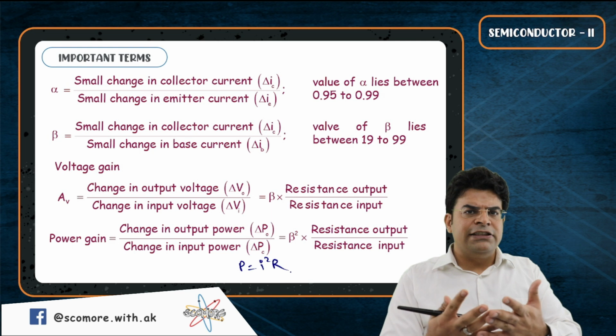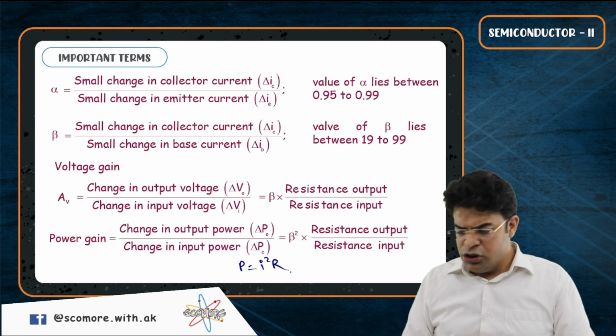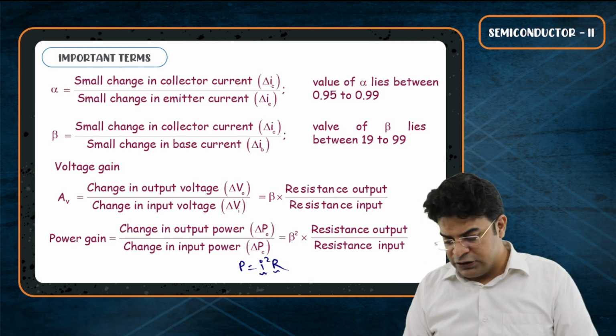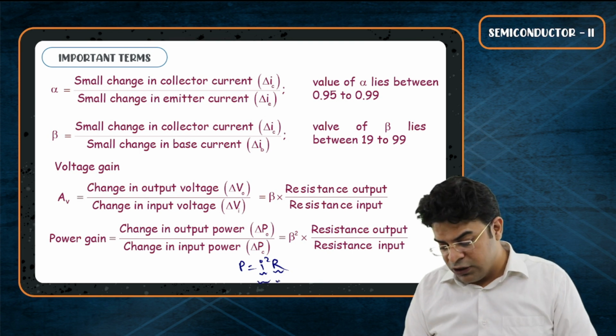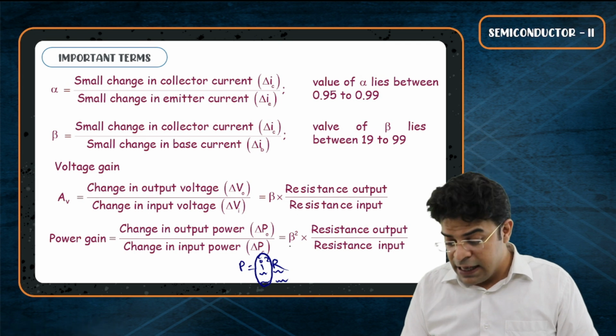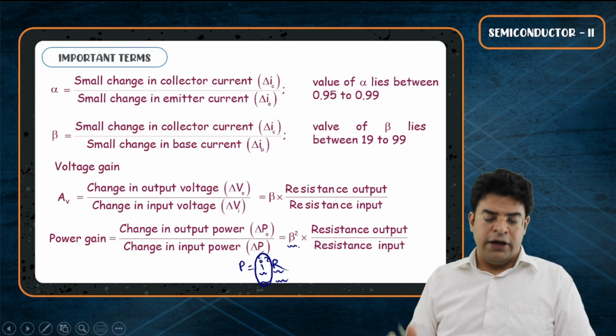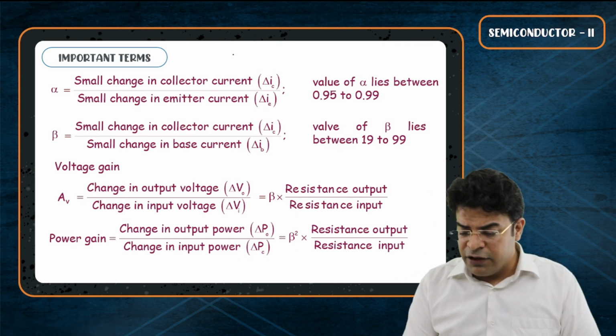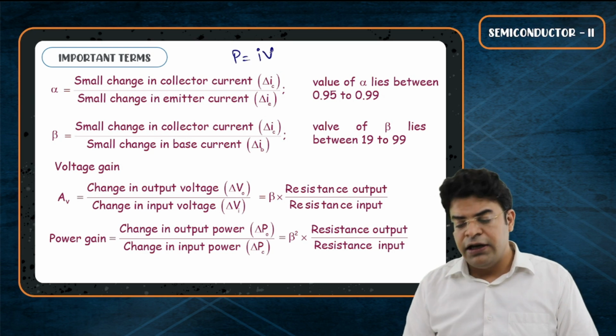Easy thing. You know that power equals I square R. So power gain is nothing but power output upon power input. So current output whole square into resistance output upon current input whole square into resistance input, and you can write current output upon current input whole square as the current gain whole square. Do understand that we can always write power also as current into potential.